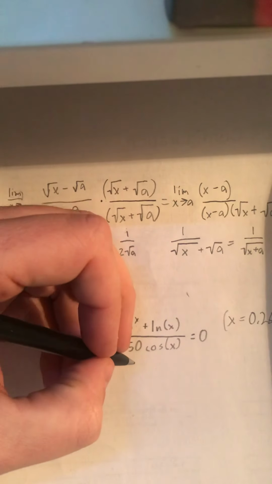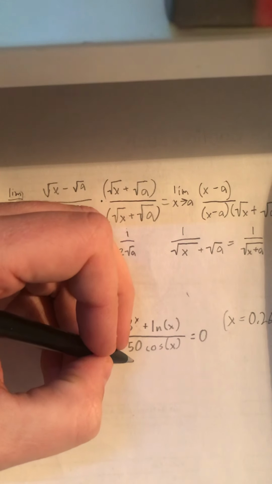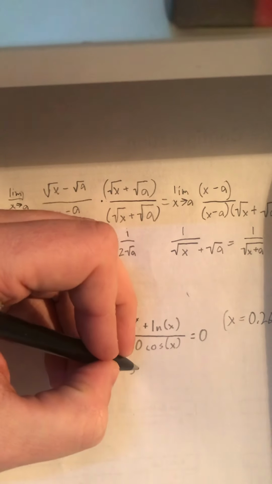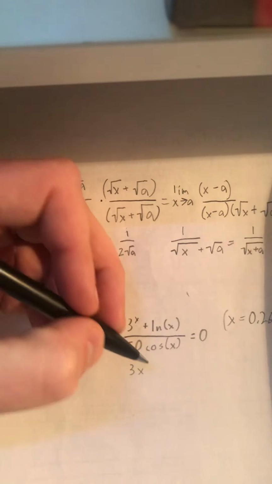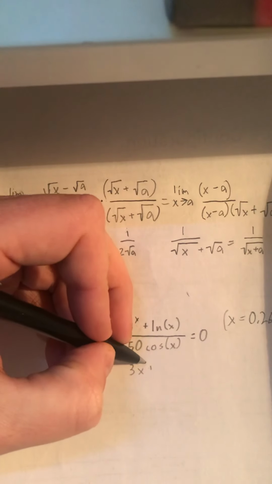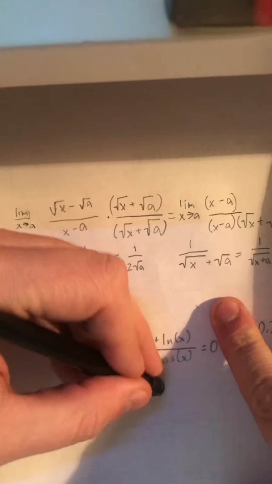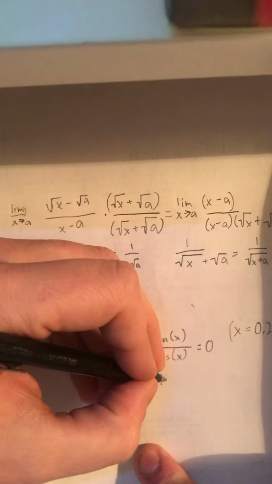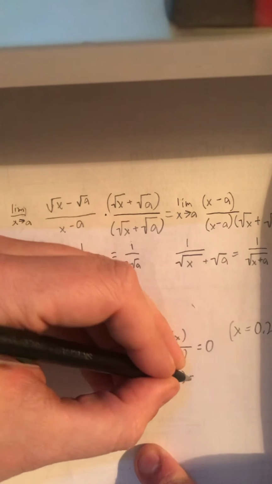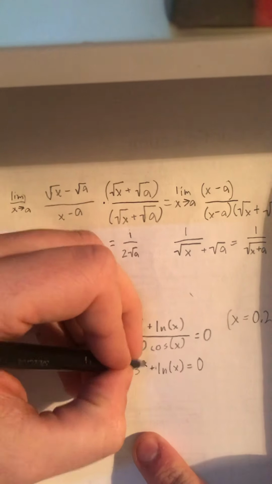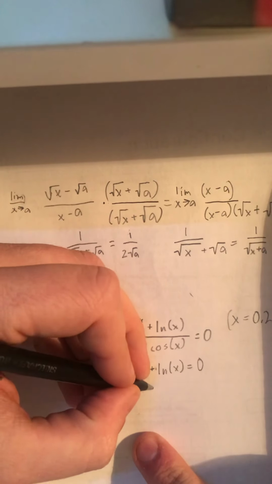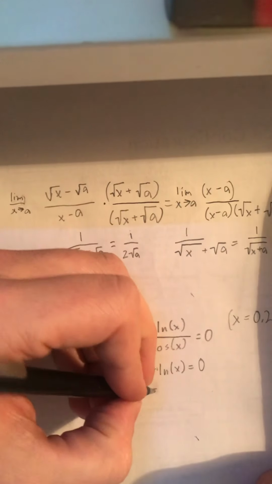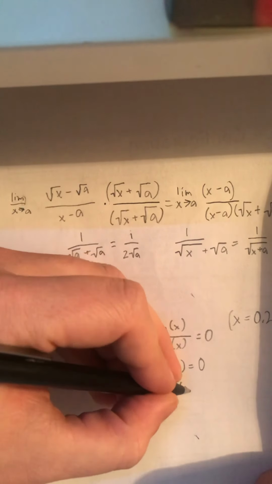Well, if we multiplied both sides, we would get 3 to the power of x plus the natural log of x over 50 cosine of x equals 0, and that would come out to 3 to the x is equal to the negative natural log of x.